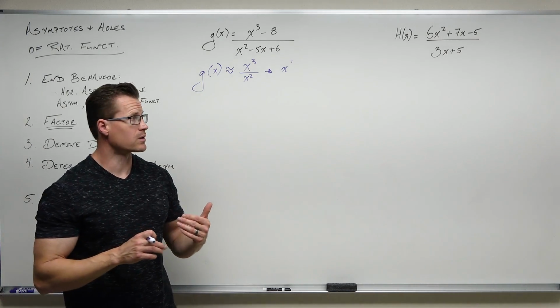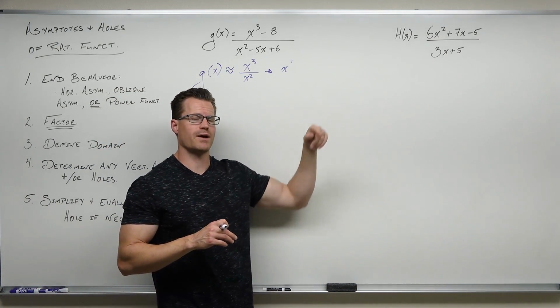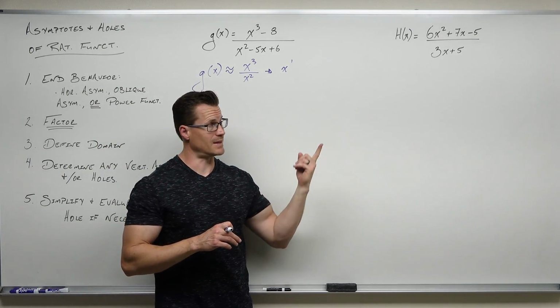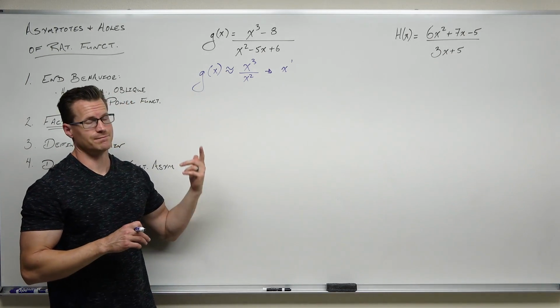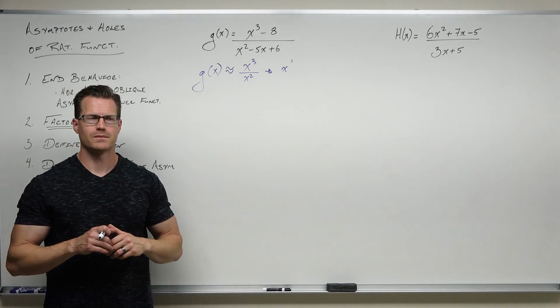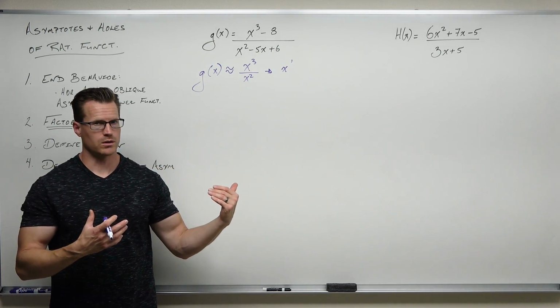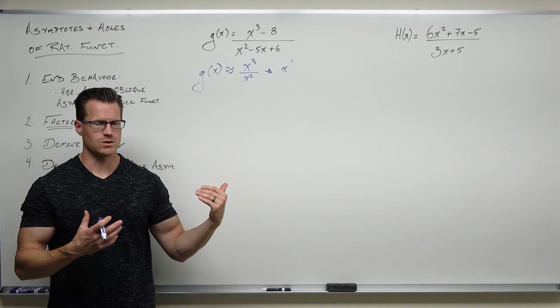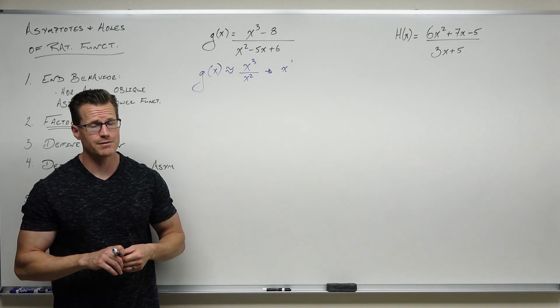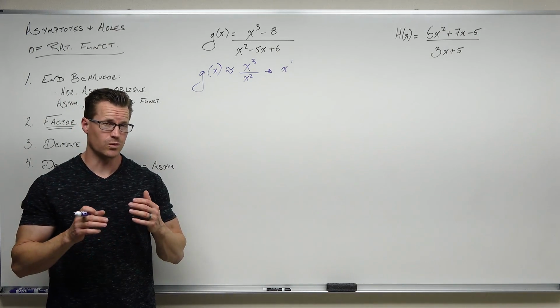So if you know that you're going to be able to cancel out a factor, you might try to factor first. And I'm going to show you that in that example. If you don't, you might try to just do your long division to figure out your slant asymptote. It's kind of up to you. Try both ways and see which one works for you.